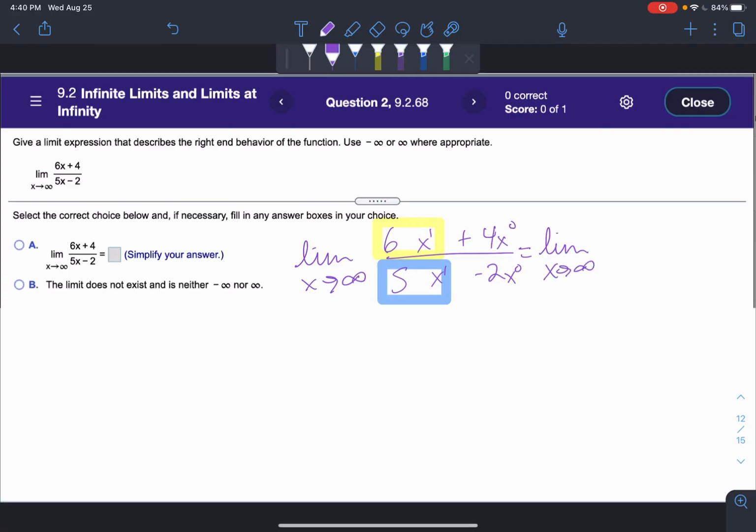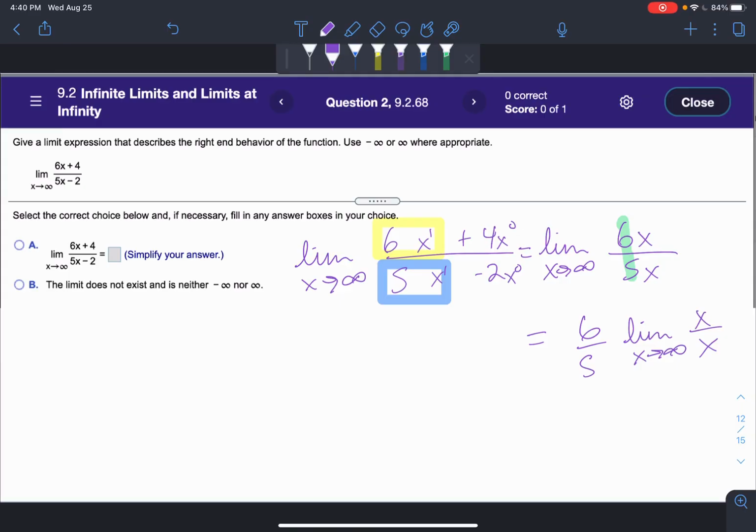Okay, and so if we can pull that constant out. Here's my constant. So let me pull out 6/5 of the limit as x goes to infinity. I have x over x. And so this equals 6/5 limit as x goes to infinity.